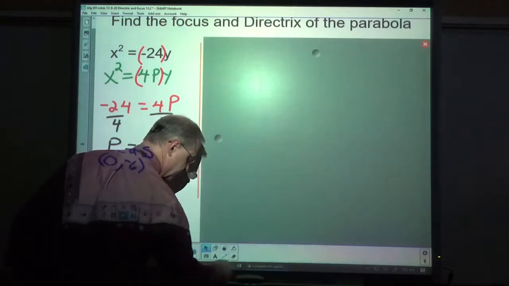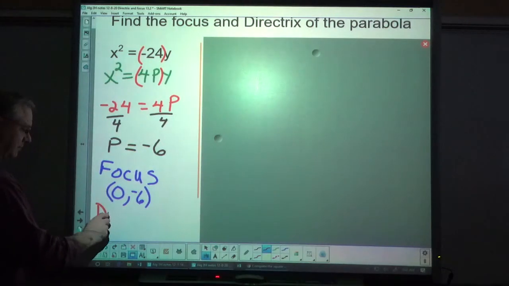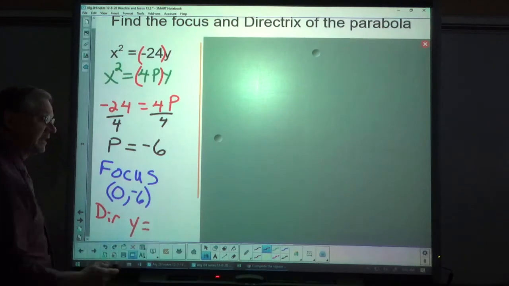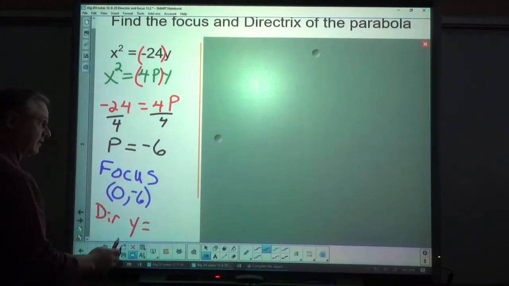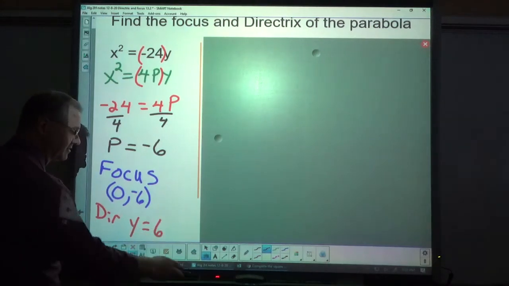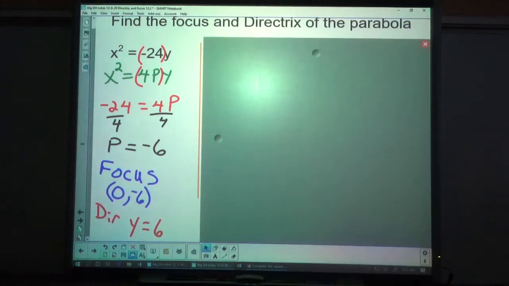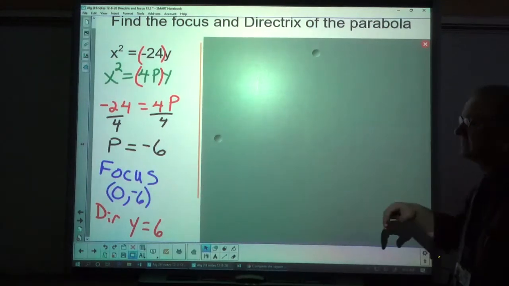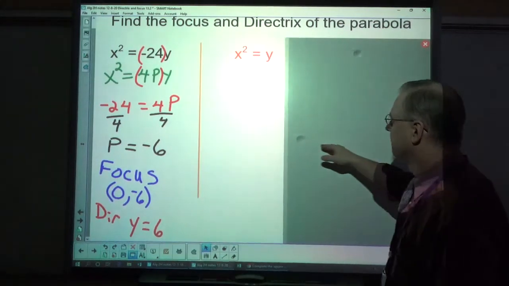The directrix is going to be y equals negative of p. Well, if p is negative 6, negative of that would be positive 6. That's the focus and directrix. Now we'll see exactly what a focus and a directrix are when we graph them, and that's coming up after this slide.